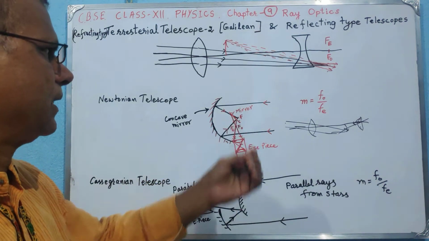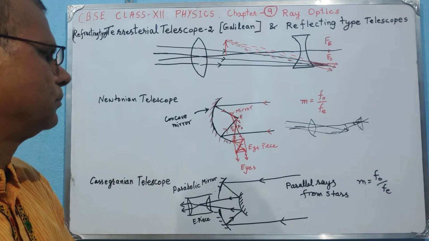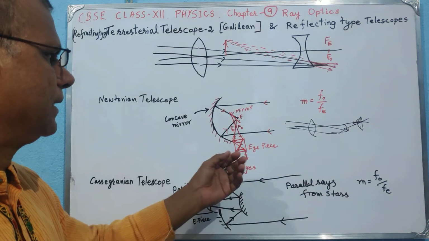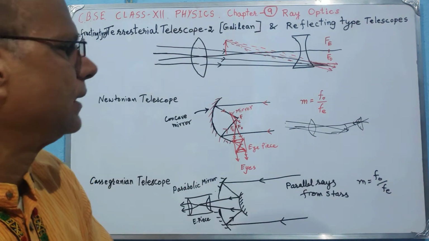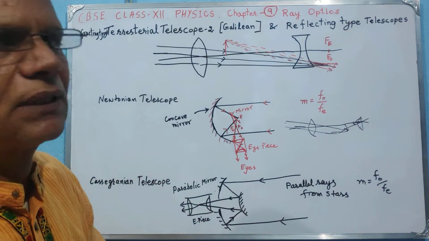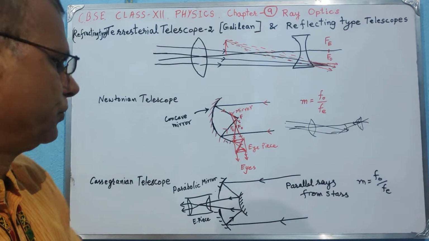It means the same star becomes more visible as the intensity of light is increased, and that is measured in terms of brightness ratio.